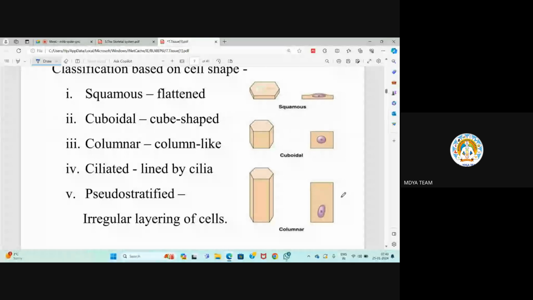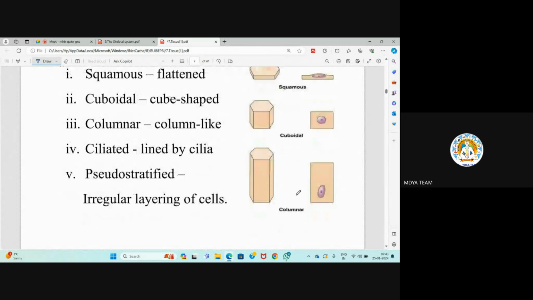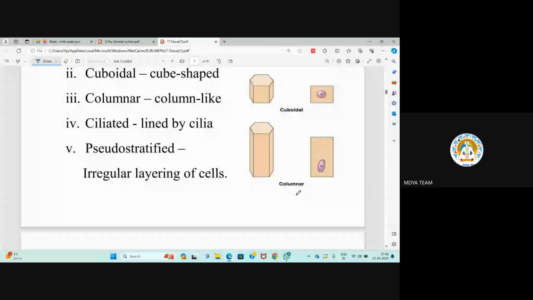So, next is ciliated or lined by cilia. Do you know cilia? Anybody of you? No, ma'am. So, let me draw it properly.